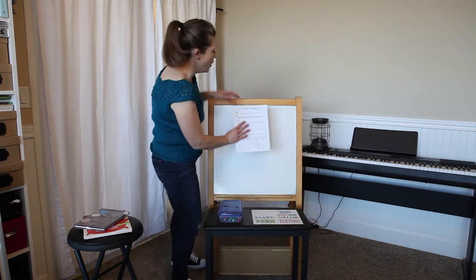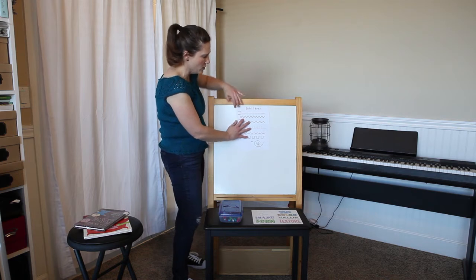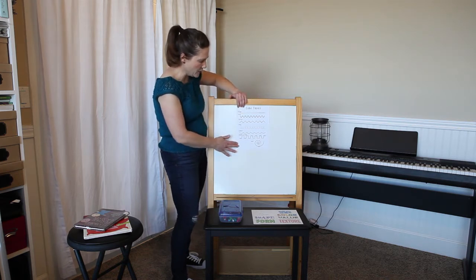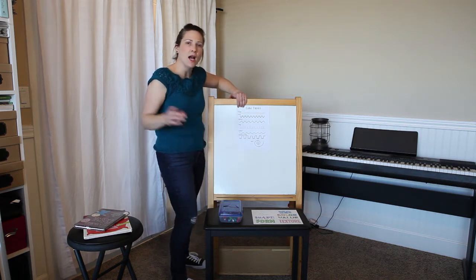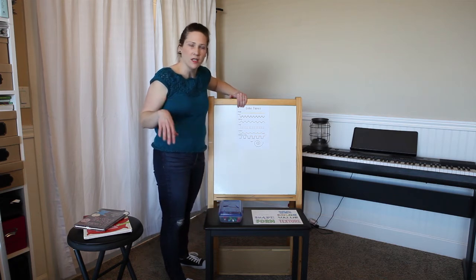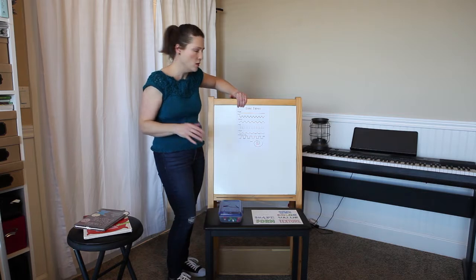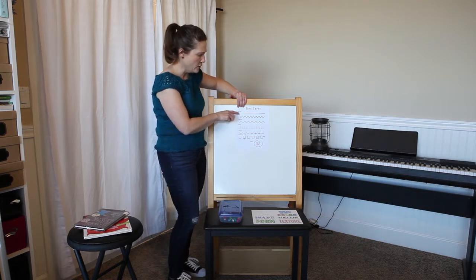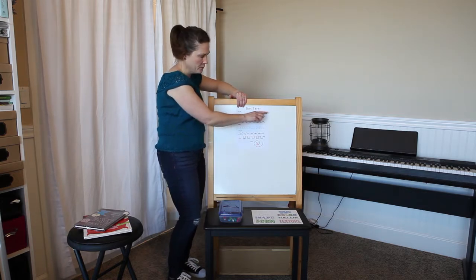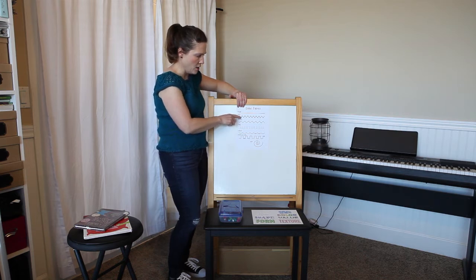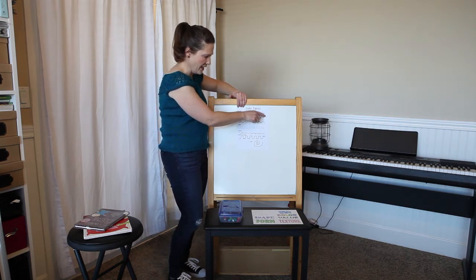And here is a printout about line types. And I will be including this in the Wonder School printout folder so you guys can follow along with it. We have a straight line, and we have a wavy line.